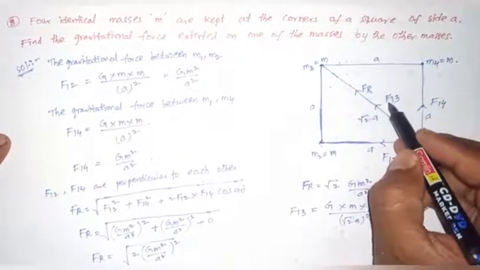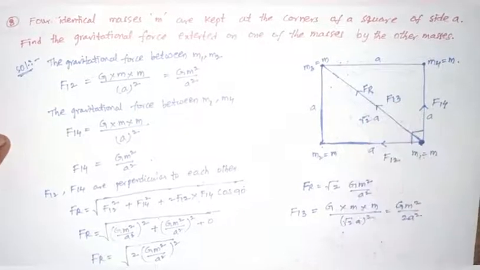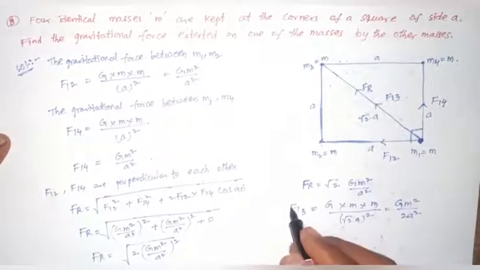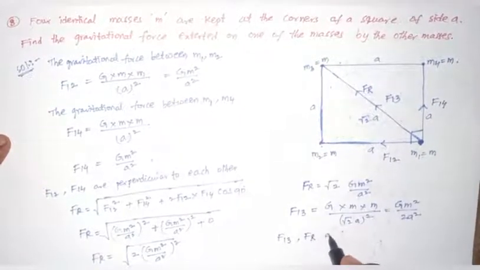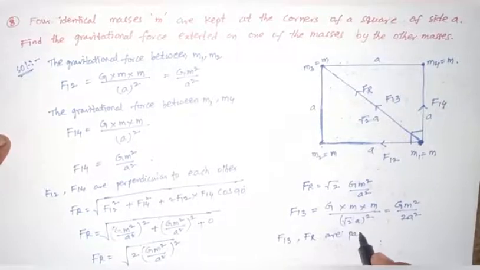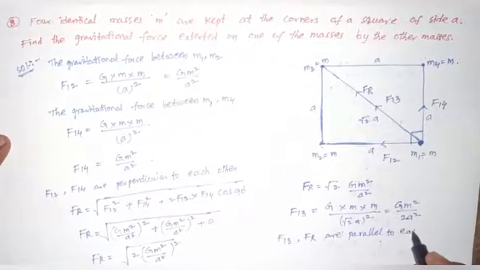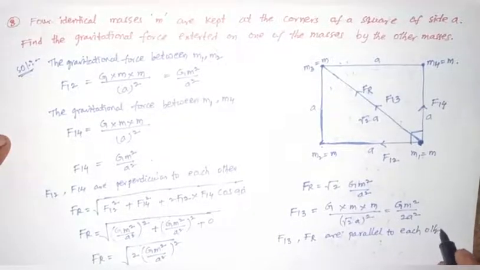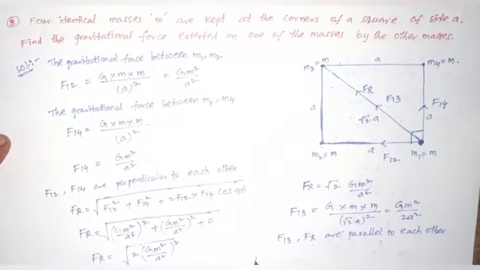This force F13 is in the same direction, parallel to the resultant force. F13 and Fr are parallel to each other. Then we can add them directly.